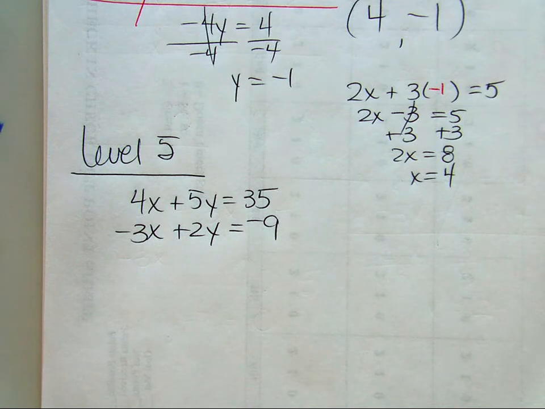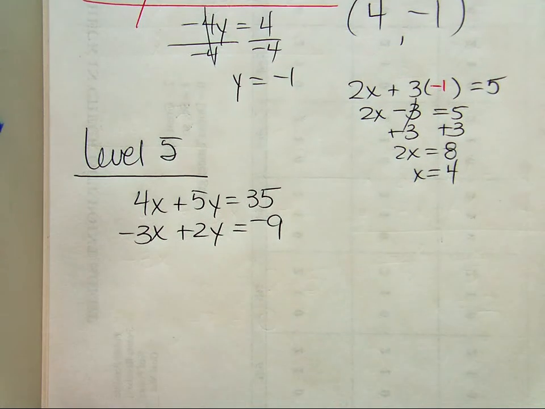If you've been with me for level 1, 2, 3, and 4, I shouldn't need to tell you what you have to do. Instinct should kick in and you go, if I need to cancel the x's, then I need to multiply not one equation, but both by something.